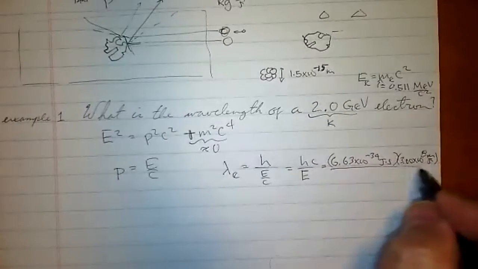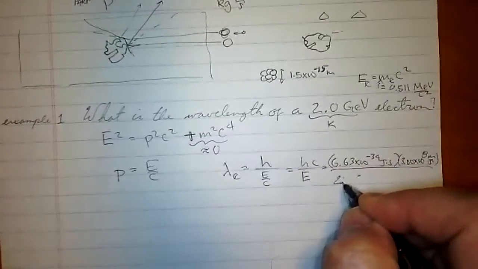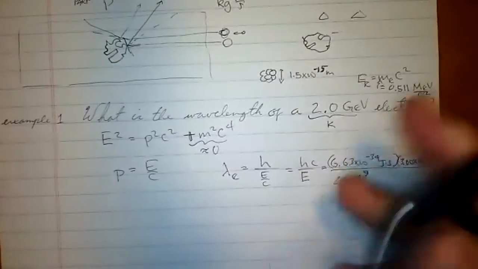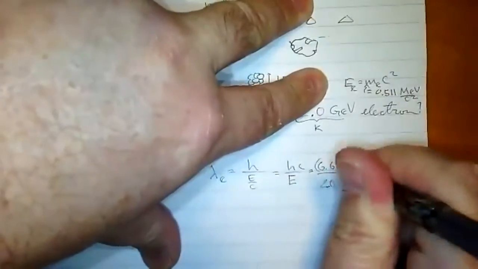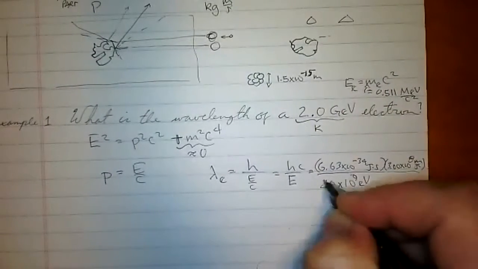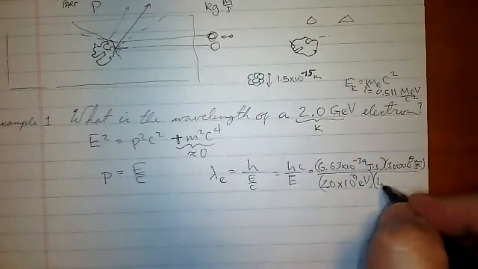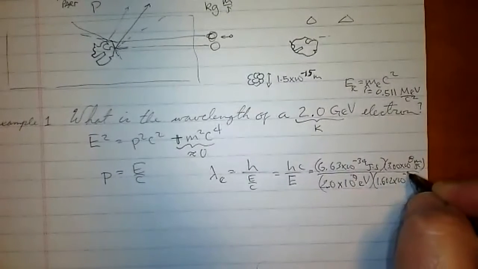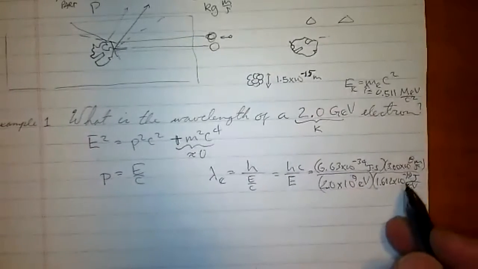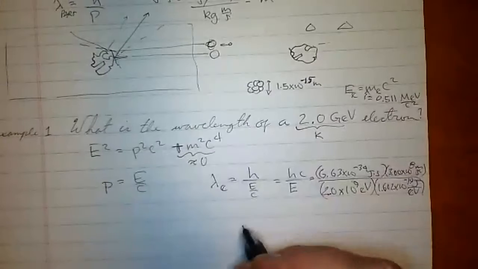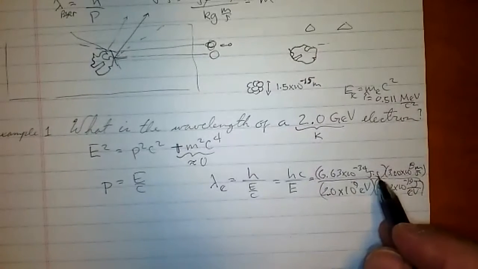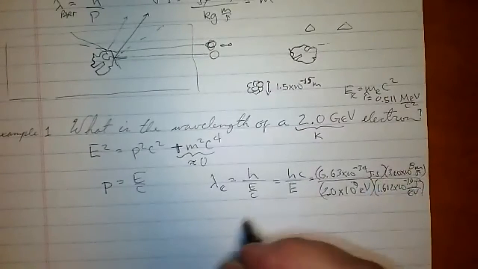And then I divide that by, in this case, 2.0 times 10 to the 9th electron volts, and then I'm going to convert electron volts to joules by 1.602 times 10 to the negative 19th joules is equal to 1 electron volt. Okay, so notice that number down there converts this back to joules. So then I have a joule canceling out with a joule, and then a second canceling out with a second, and I get just meters.